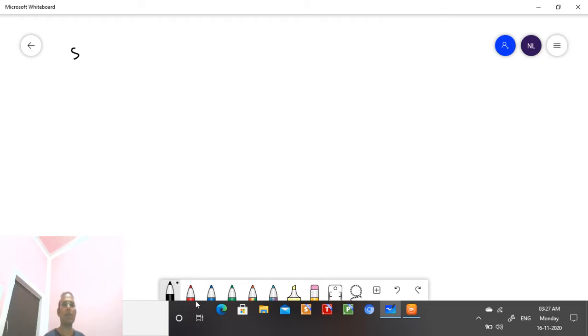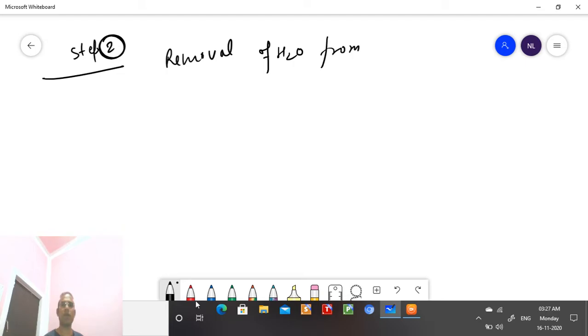So now step number 2: the removal of H2O from protonated alcohol.